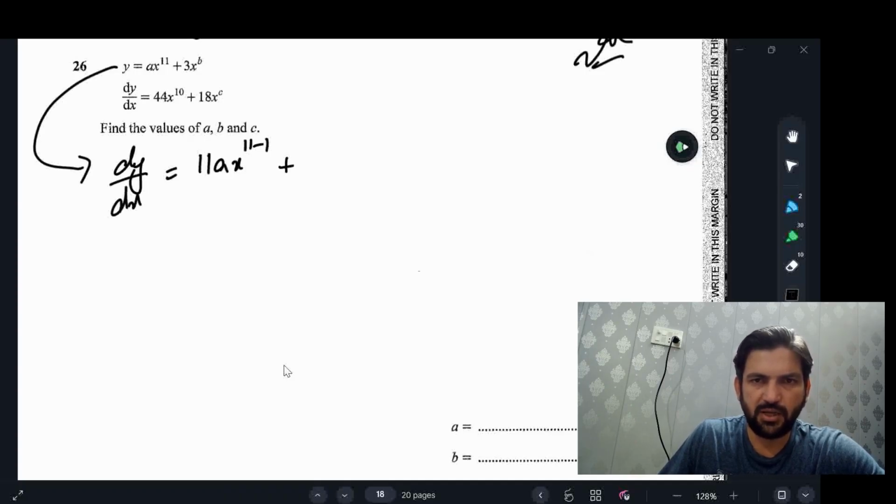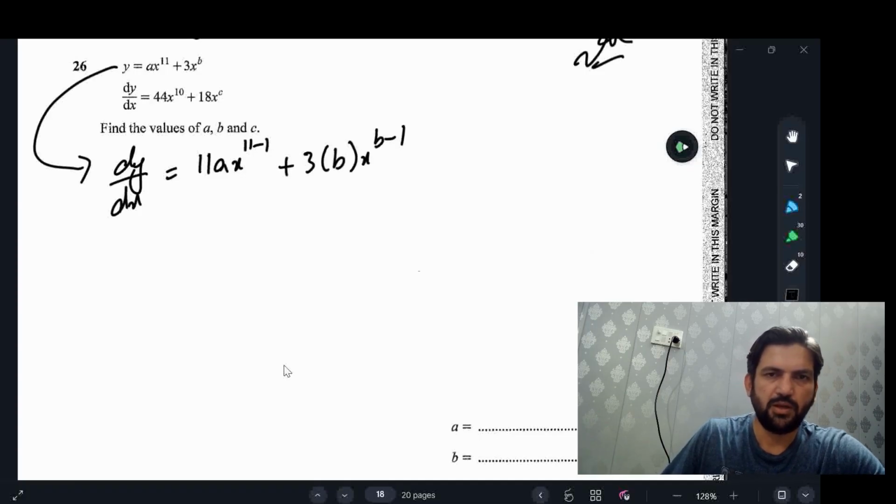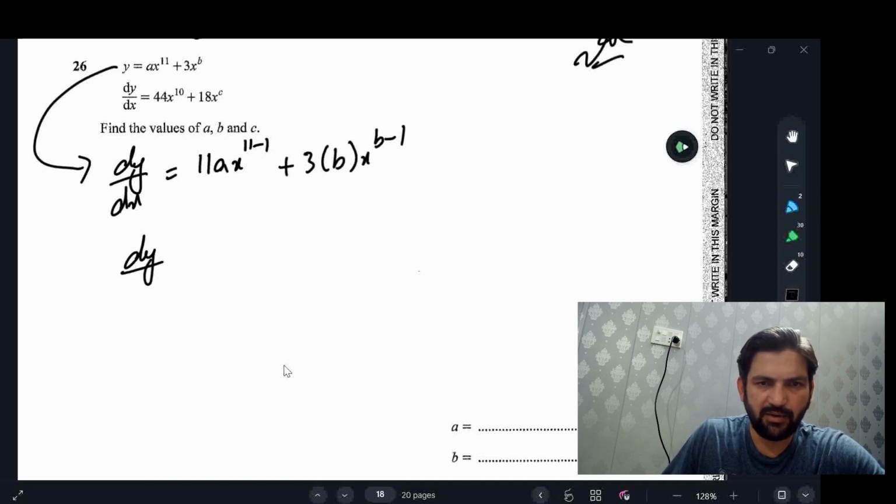Then plus 3 into b x power b minus 1. Now finally we can simplify it like this. Dy by dx will be equals to 11a x power 10 plus 3b x power b minus 1.